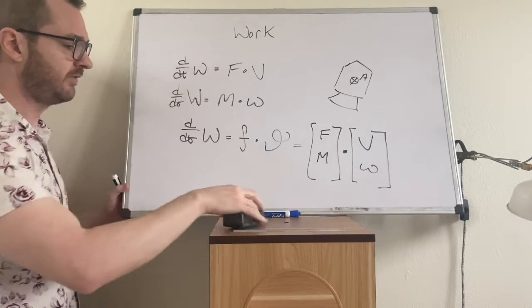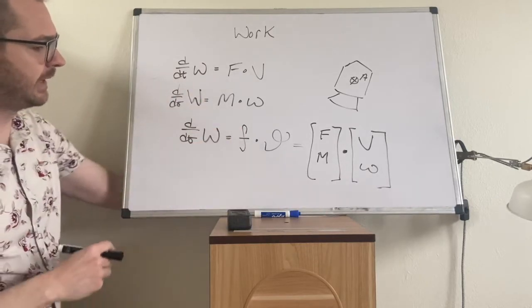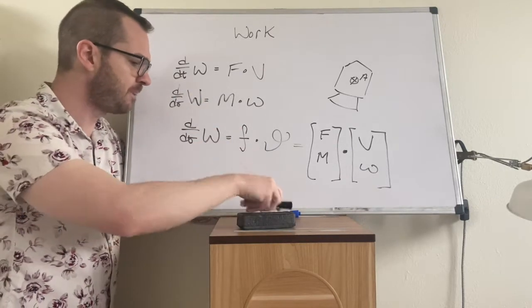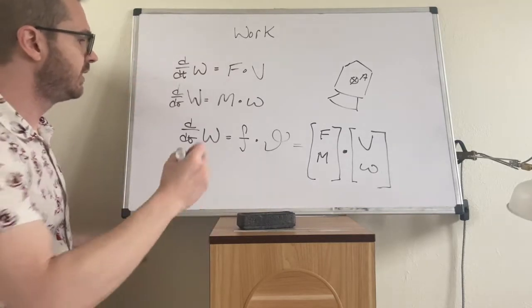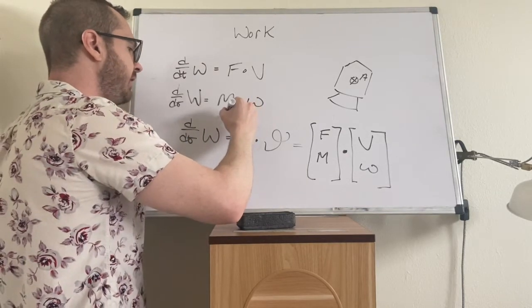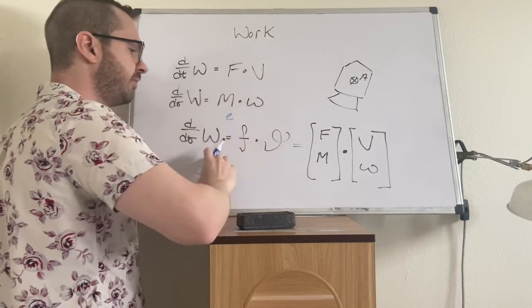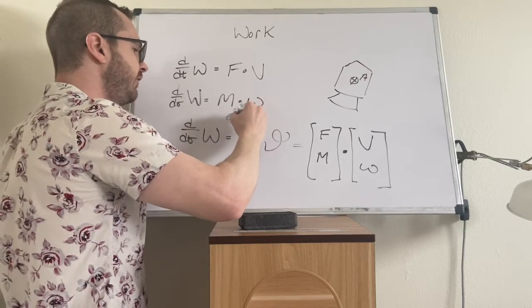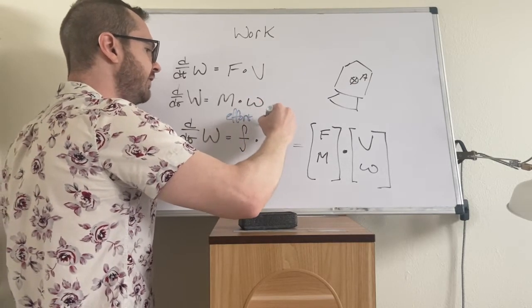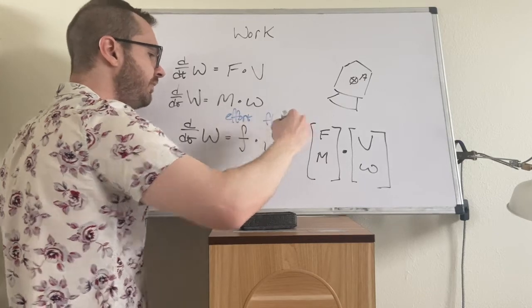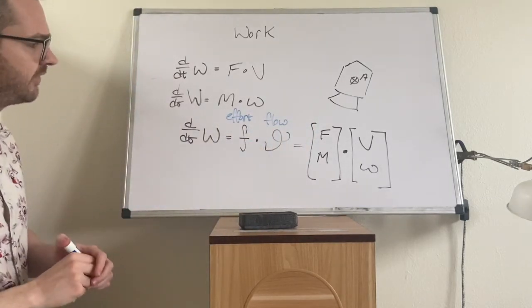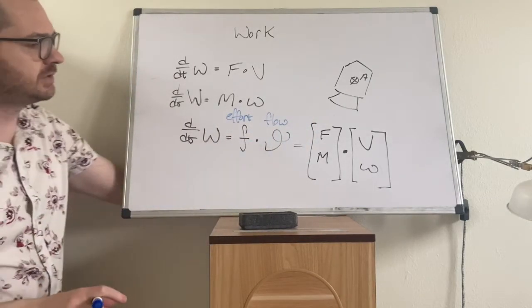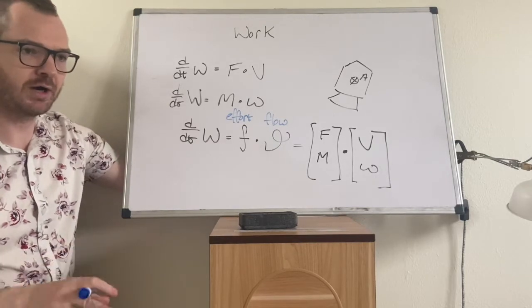Now, some final comments on these equations. Another way to look at this is the power is the product of effort and flow. It's another way you could describe this, effort and flow. And this description actually works for all kinds of power.